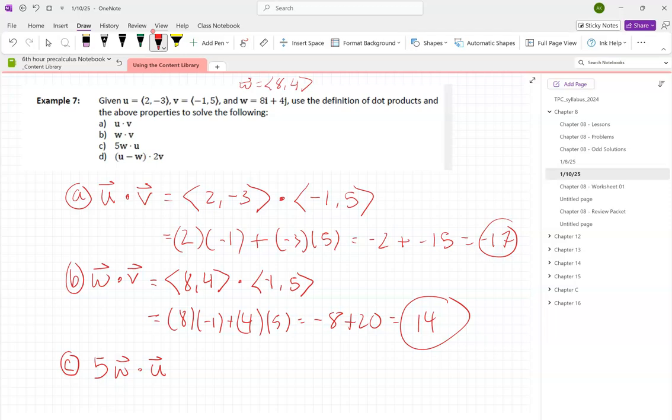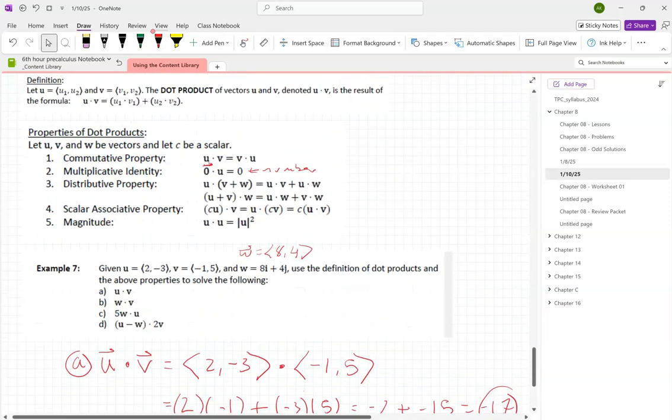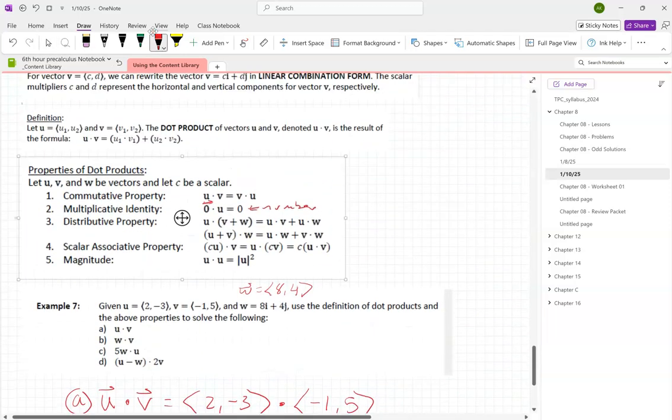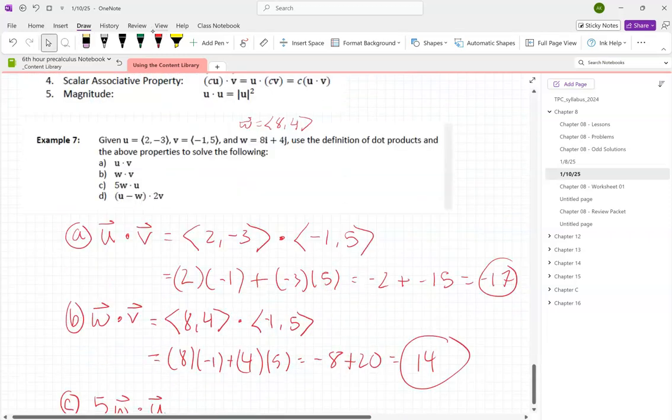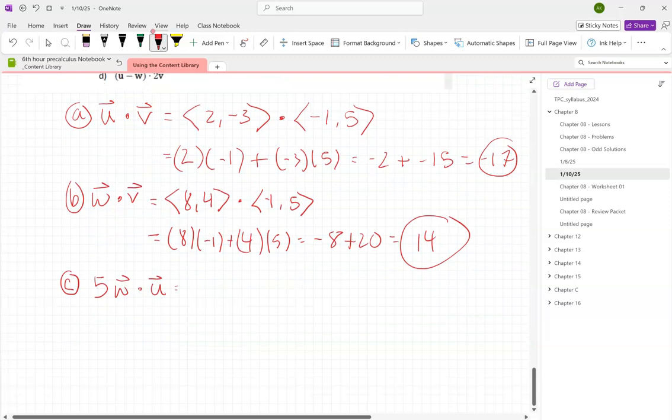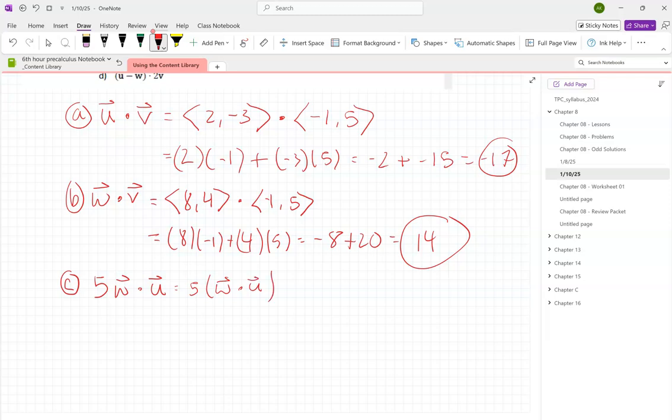5w.u. So this one, what I like to do is use the scalar associative property to say this. So what I'm going to do is 5 times the dot product of u and w, or w and u.